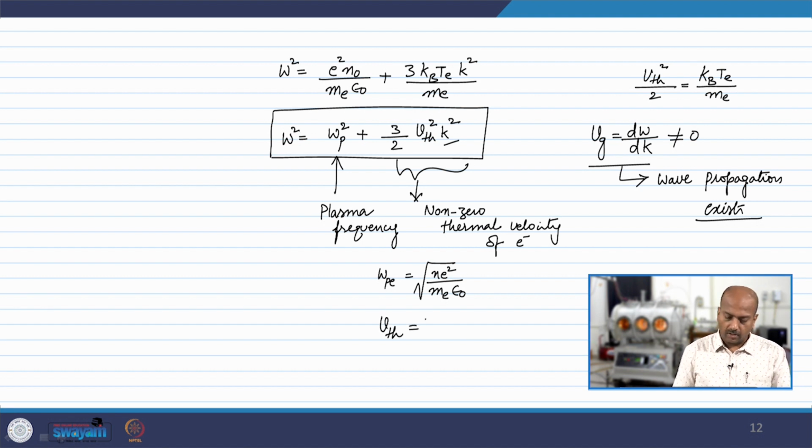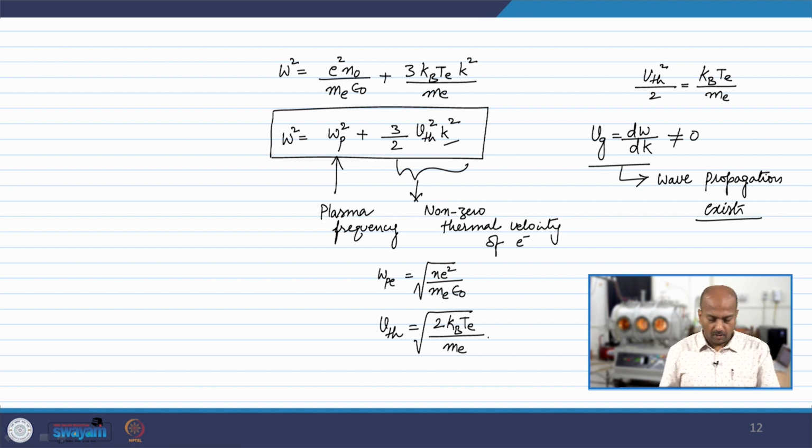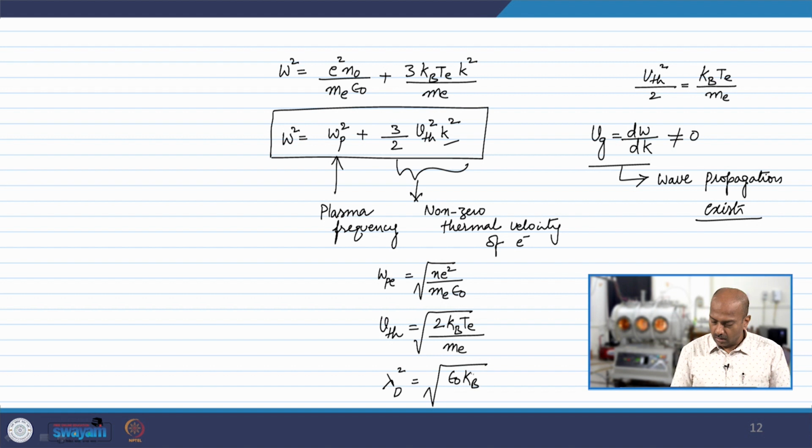V T h is 2 k b T e by m e, and if we recall the Debye length lambda d square as epsilon naught k b T by n naught e square, we can write this as equation number 1 in terms of lambda d. How do we do it?